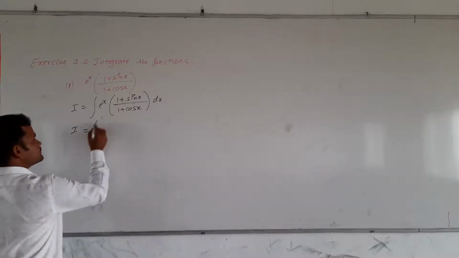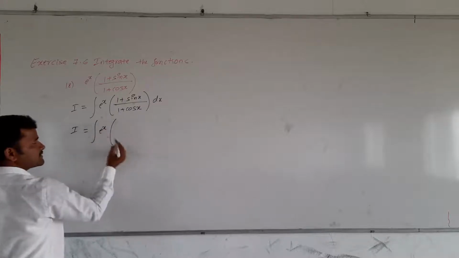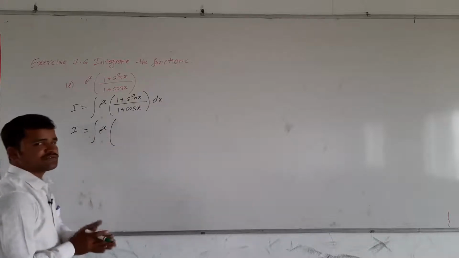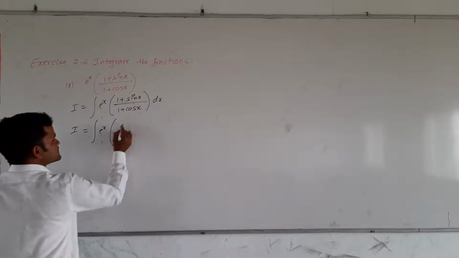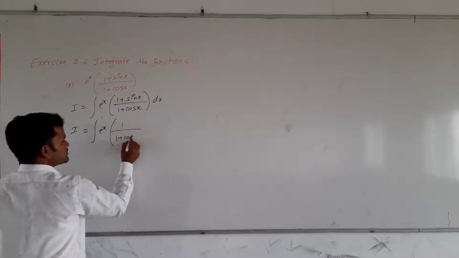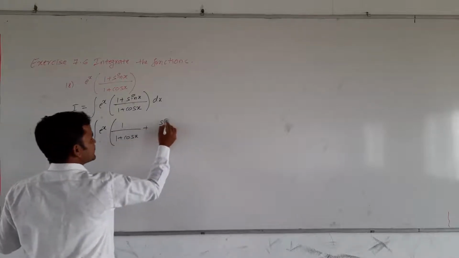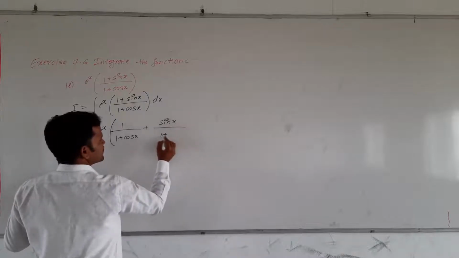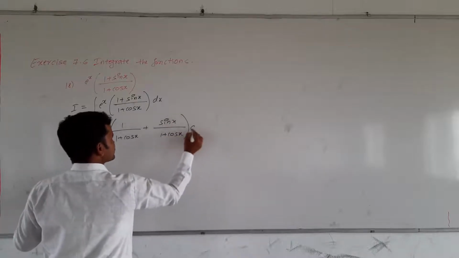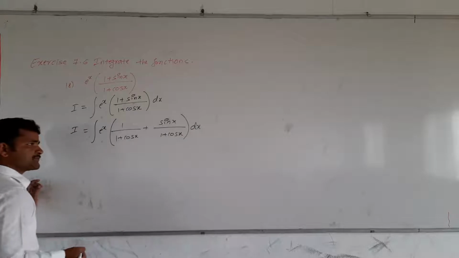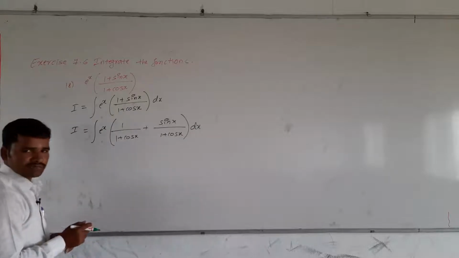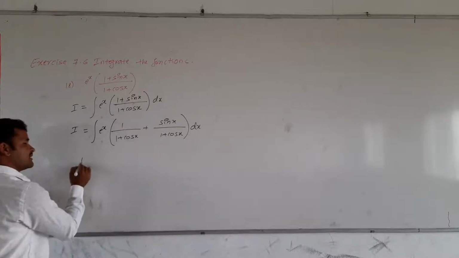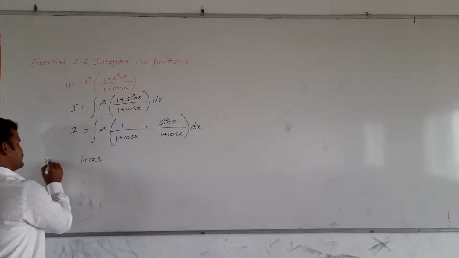I is equal to the integral of e raised to x into, here I will write it as a sum of two functions: the first one is 1 by (1 plus cos x) and the second one is sin x by (1 plus cos x), integrating with respect to x. Next I will use the half angle formula. What are those half angle formulas?